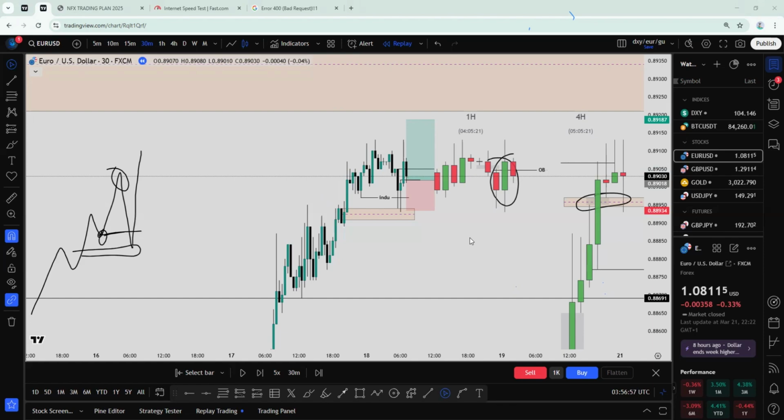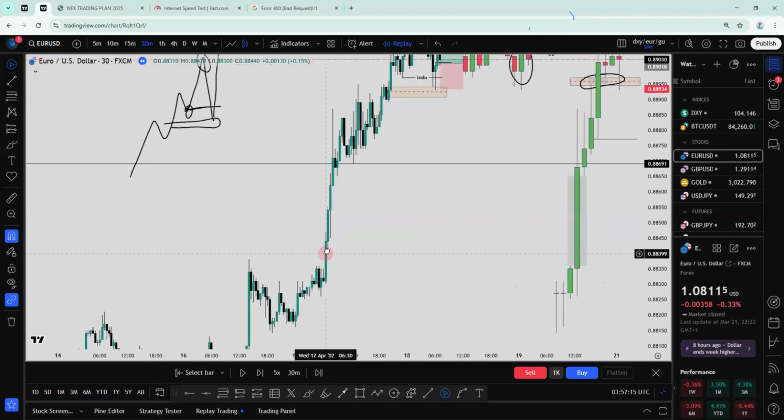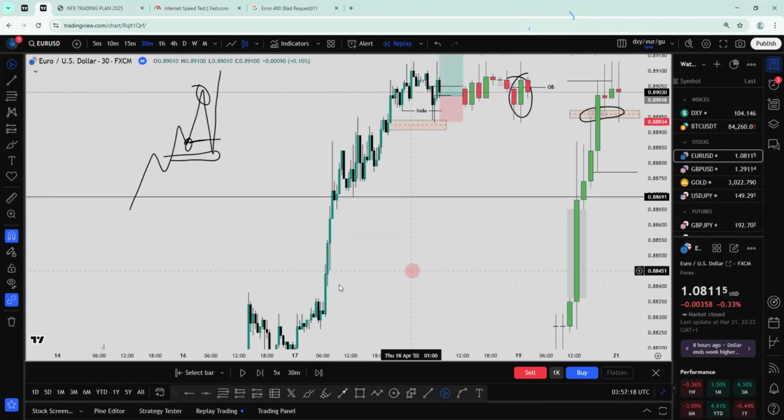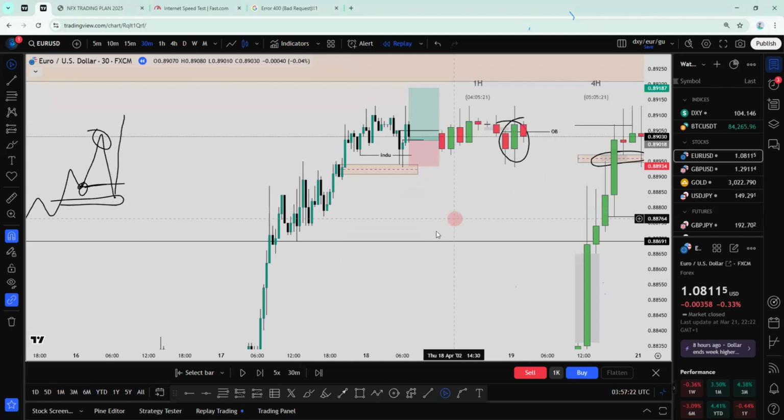If I don't get a good entry, like even the one that we saw the other time, where I explained in the beginning how I was not in the trade, it doesn't mean that the trade was not good. It was good, but it simply did not give me the type of entry I wanted, right? So I had to let it go, and all that move you can see went without me. So it's normal, right?